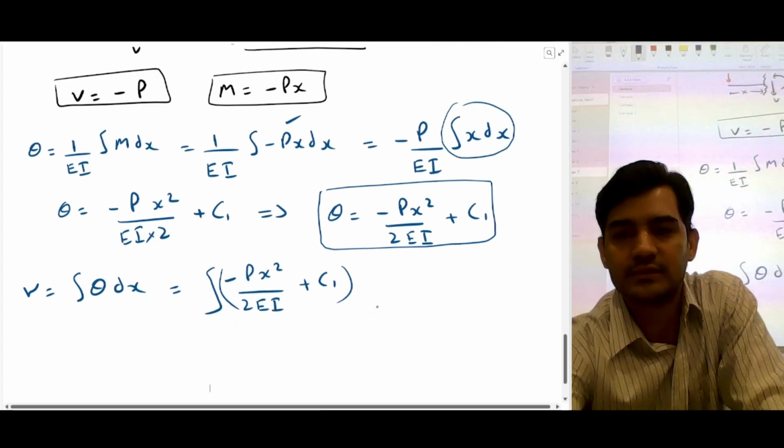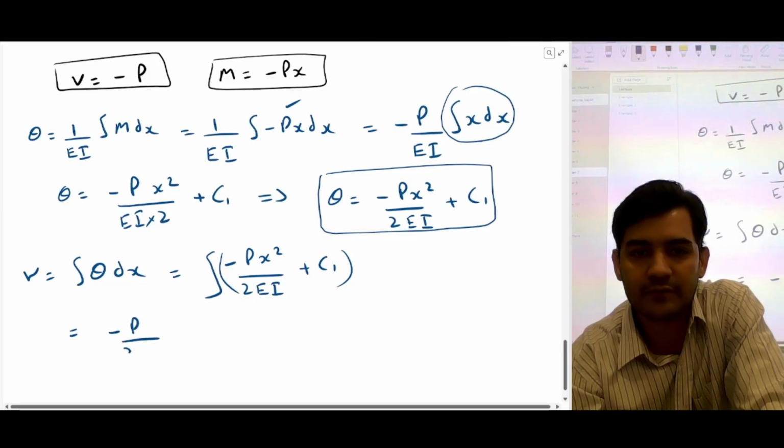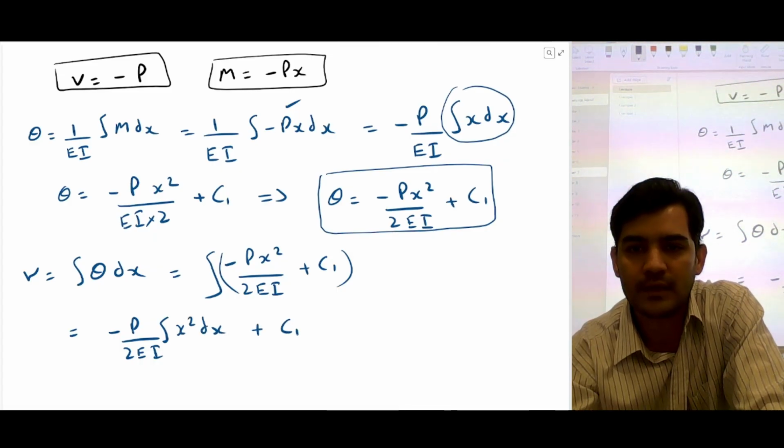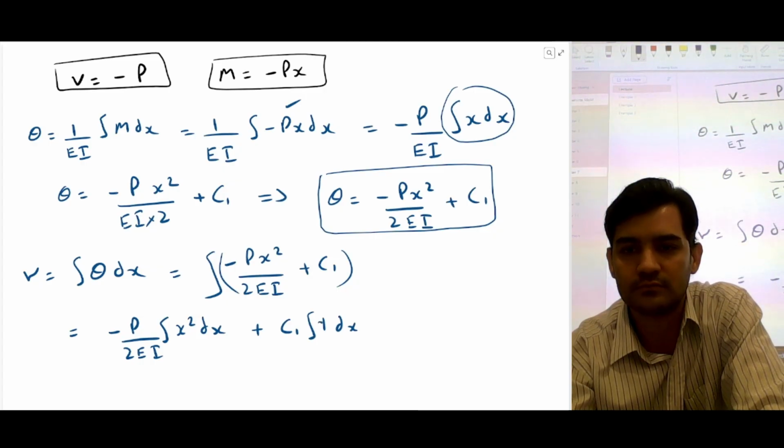This is equal to negative P over 2EI, which is constant, so I'm going to take it out, x squared dx, plus C1, which is constant, so I'm going to take it out, times 1 dx, or x raised to the power 0.